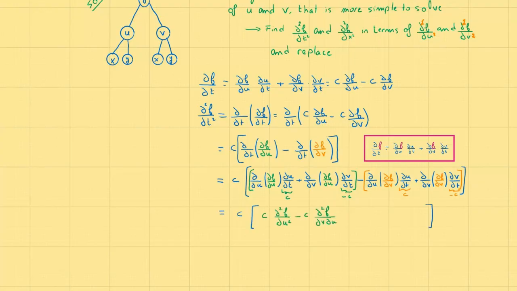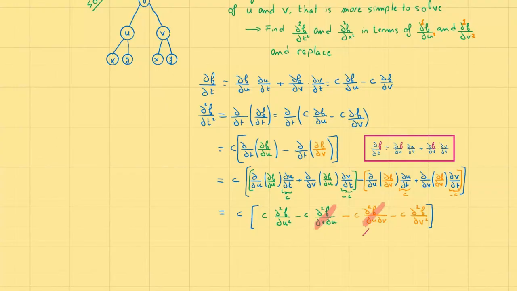So this will give me c times d2f over du squared minus c d2f over dv du for the green part, then minus c d2f over du dv minus c d2f over dv2 for the orange part. But now we can cancel two terms, the d2f over dv du and the d2f over du dv.